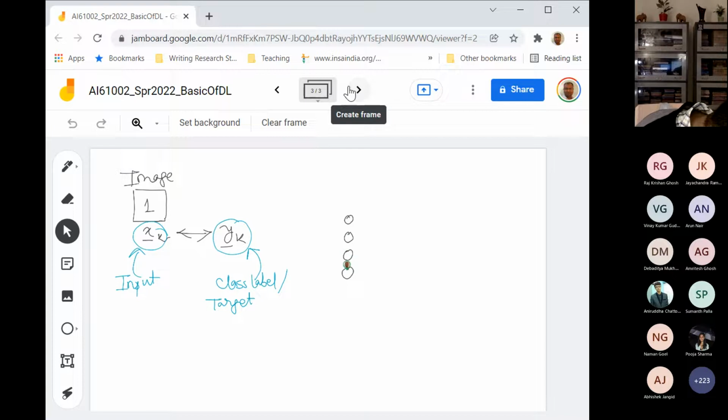Say each of these points is essentially a pixel over here. So what do I know about my pixels? How many such values exist in my input? m into n. So it's mn number of values which exist over here.